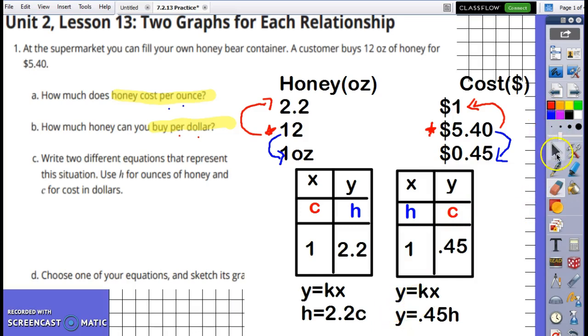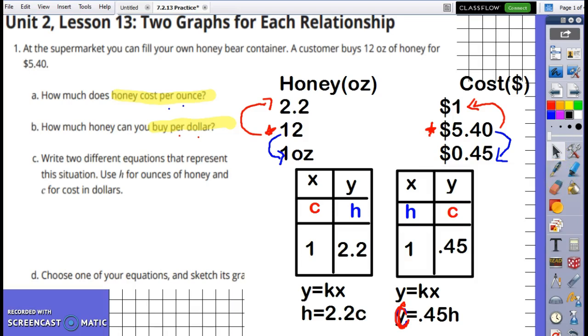The cost, which is my y value, is equal to 45 cents times whatever the honey is, or 1 ounce. 45 cents times 1 of the x, and we're calling that h, is equal to our honey. So these are my two equations.